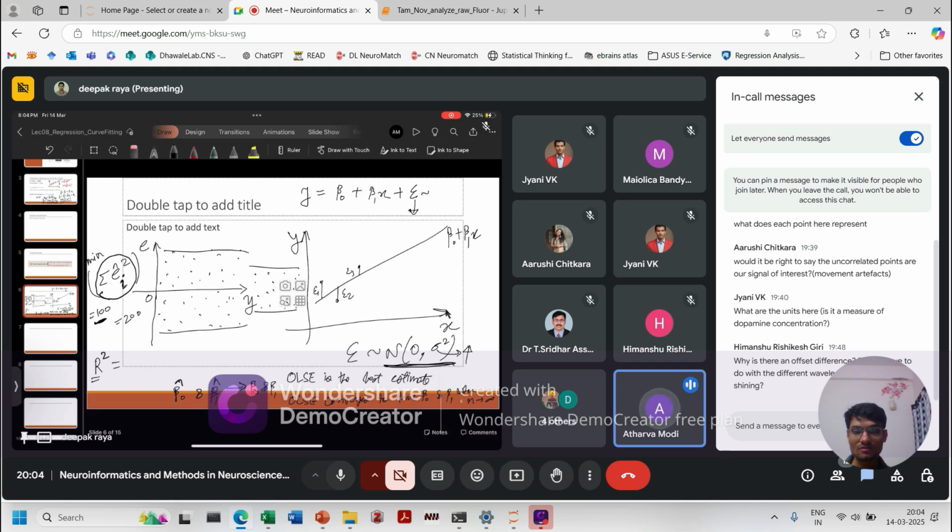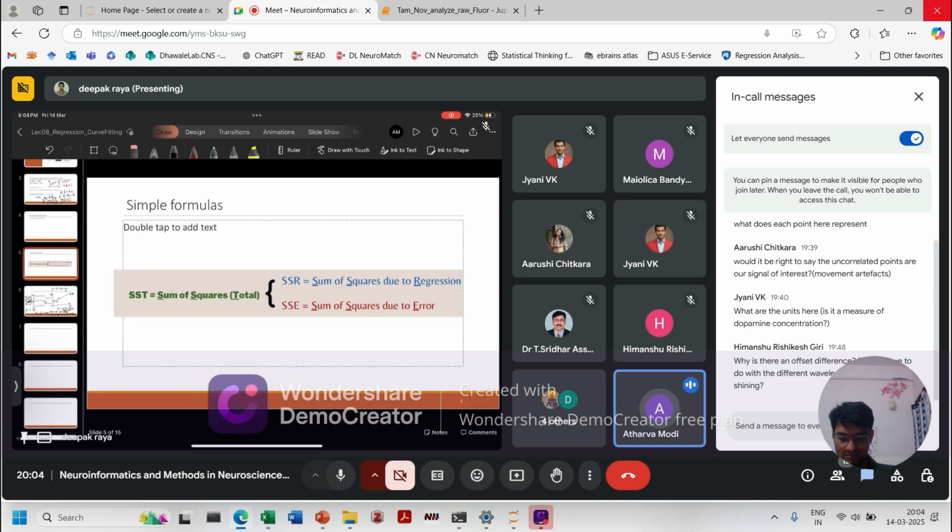Actually we can't, because they are scaled on a different level. So what you need to do is divide it by the variance of y itself. So the r square formula basically is 1 minus SST by SST. Okay.